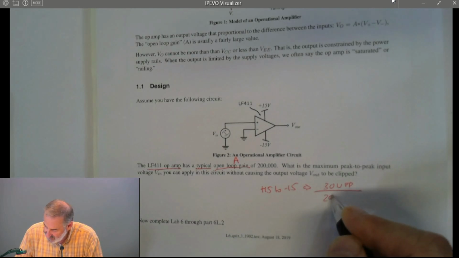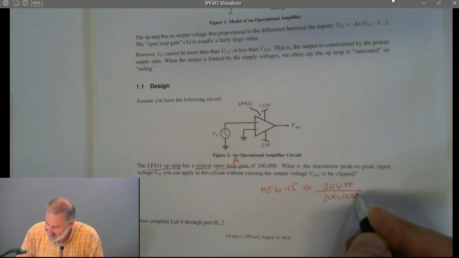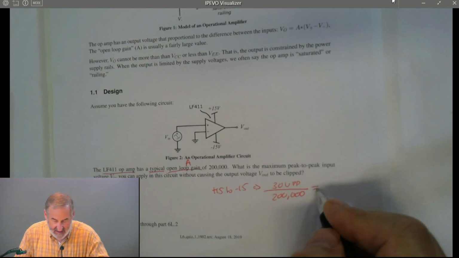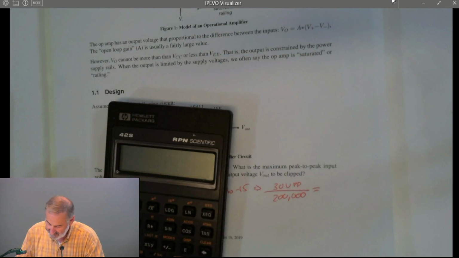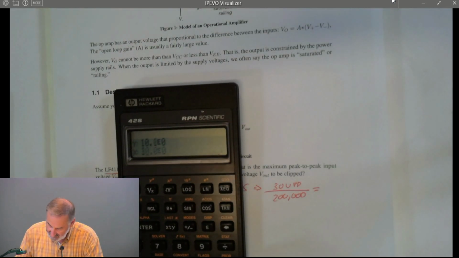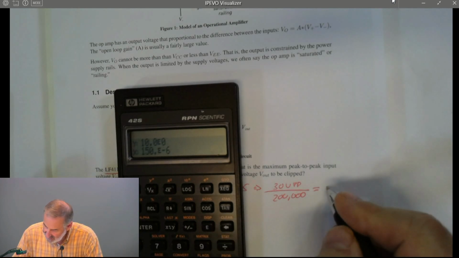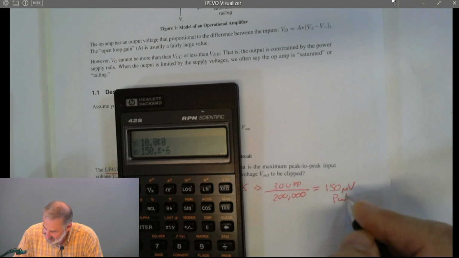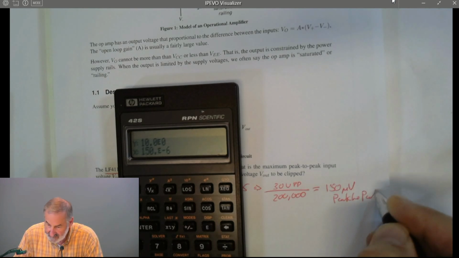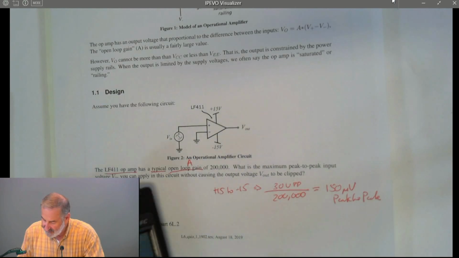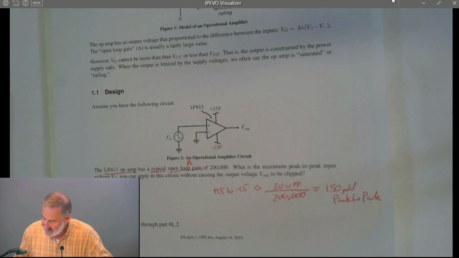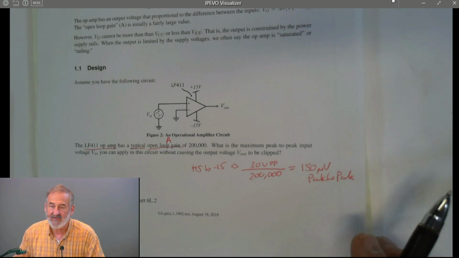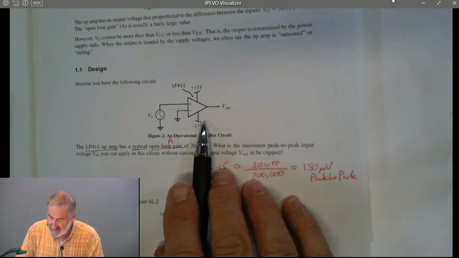We have a 200,000 gain, and so that says that 30 volts divided by 200,000 gives us 150 microvolts peak to peak. So if we have a signal that's as small as 150 microvolts, we could theoretically use this in open loop.